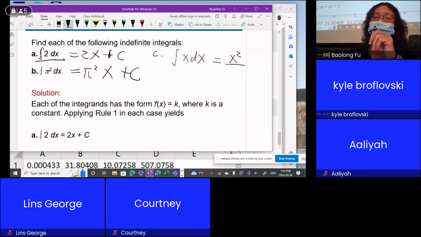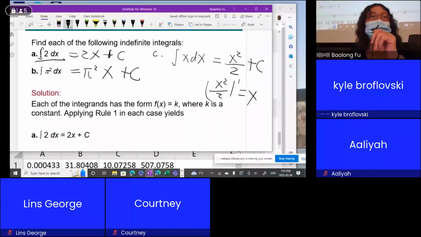Oh, thank you, sorry. x squared over 2, perfect, plus c. Don't forget plus c, because we have many antiderivative functions. If you take the derivative of x squared over 2, what do you get? You get x.